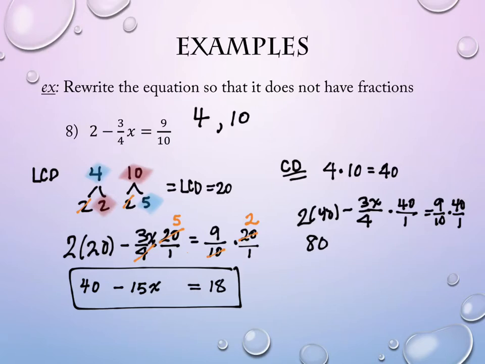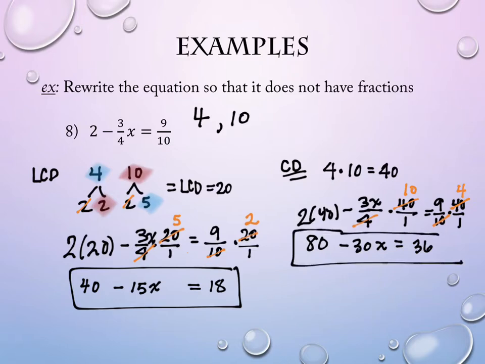Look along the diagonals, because it'll always cancel. That's the whole point of what we're doing, is things are going to cancel. So the 4 and the 40 cancel with 10, so I have negative 30x. This 10 and this 40 cancel, giving me a 4. So 9 times 4 is 36.